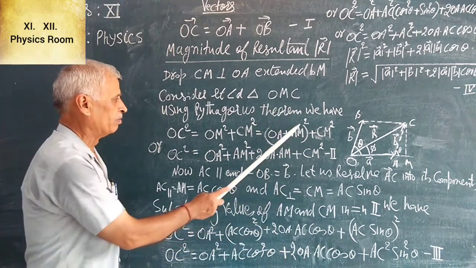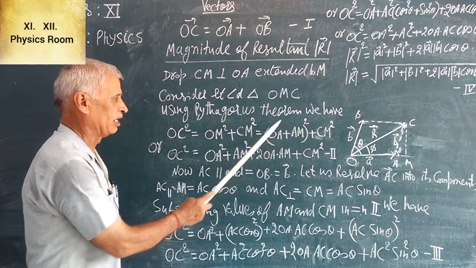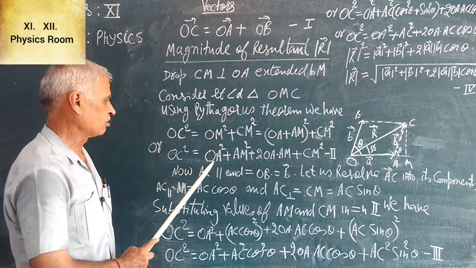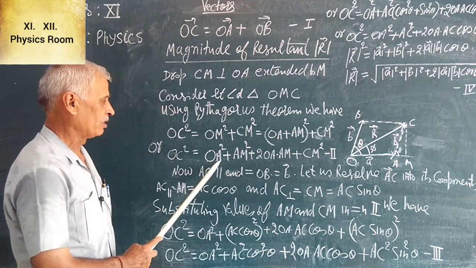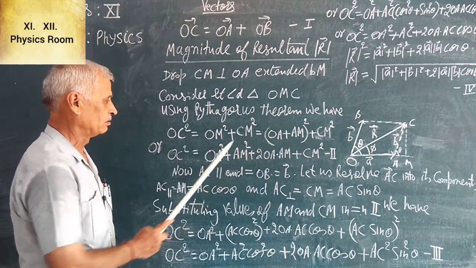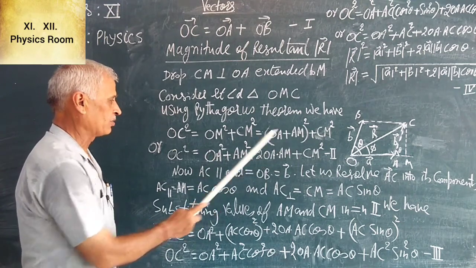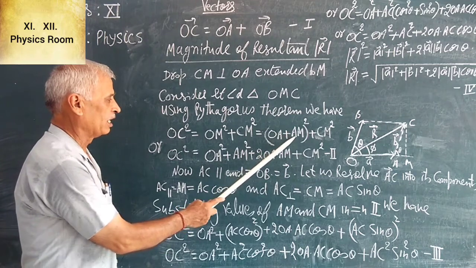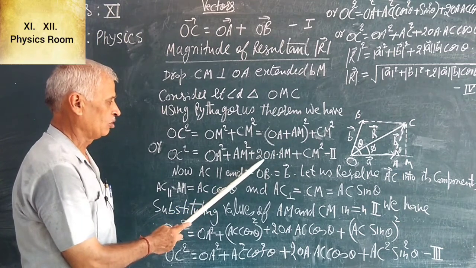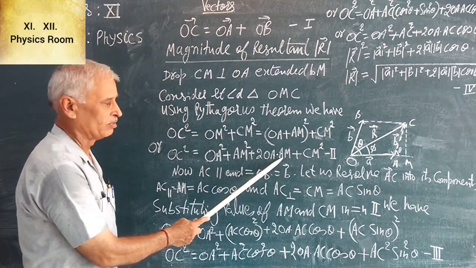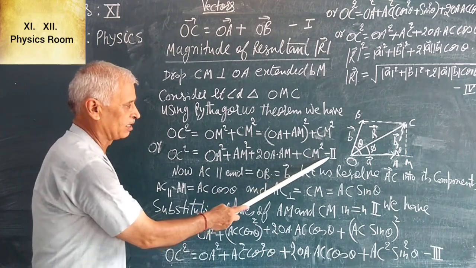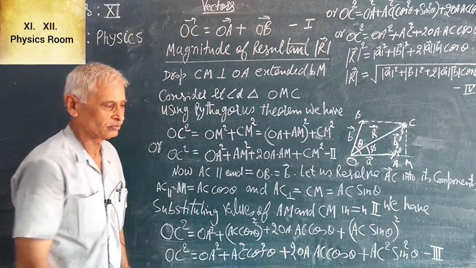We open this bracket and square the term. So we write OC square is equal to OA square plus AM square plus 2 OA into AM, plus CM square as it is. Let us mark it as equation number 2.